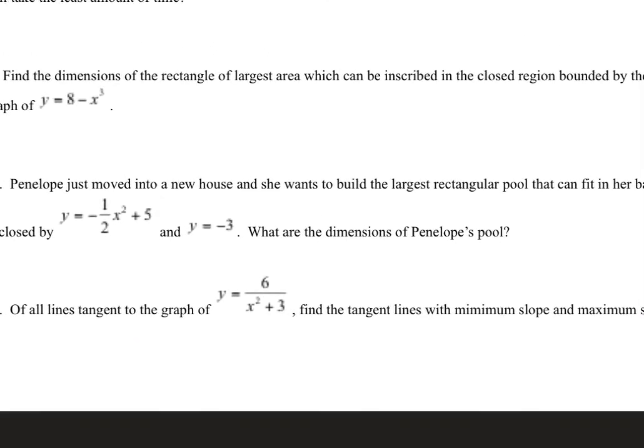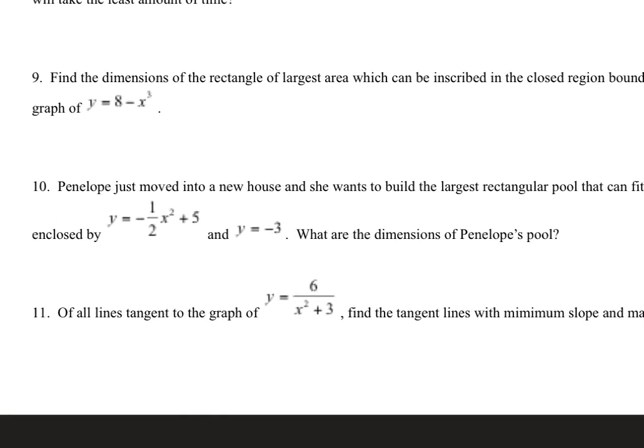Let me try to blow this up a little bit. So we know that y equals x cubed looks like that, and the negative will reflect it in the x-axis, and then the 8 is going to move it up 8.